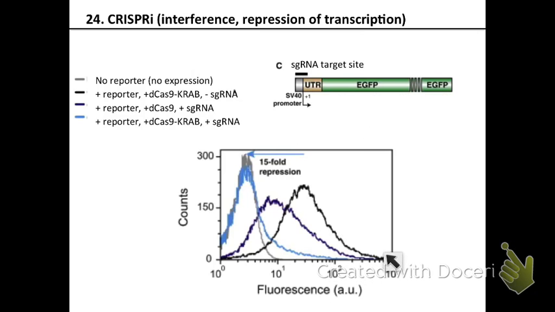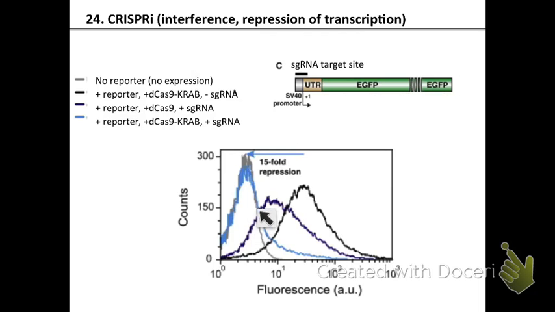The higher the fluorescence, the more expression of that EGFP is happening, and the counts are coming from each of the cells. A distribution like this shows that most of the cells in your dish are not expressing EGFP. All you see with this gray line is the background signal coming from the autofluorescence of the cells, so there's not much signal at all.